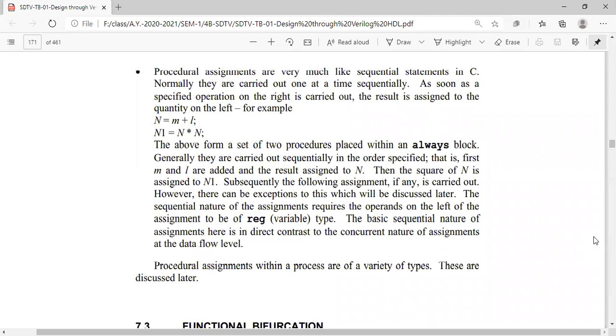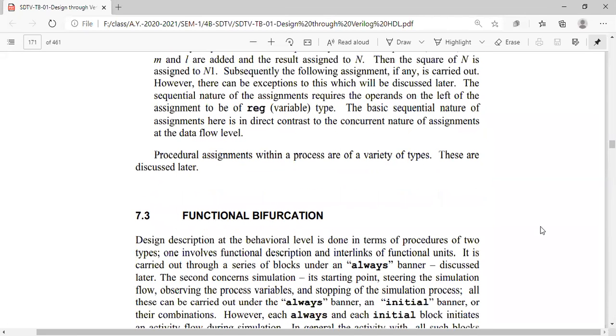So we have some procedural assignments in the process. The variety of types we will discuss in a later class. In the next class, we'll see this functional bifurcation.